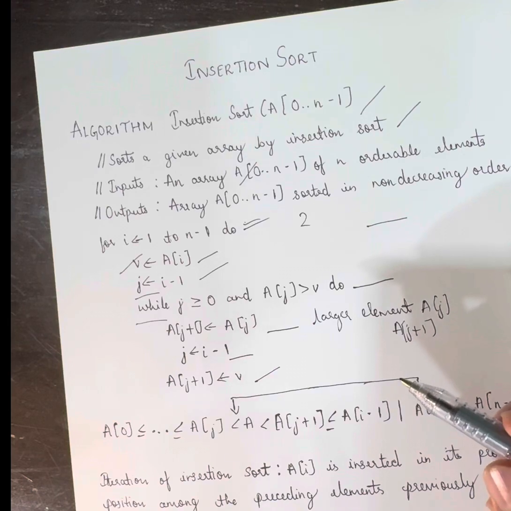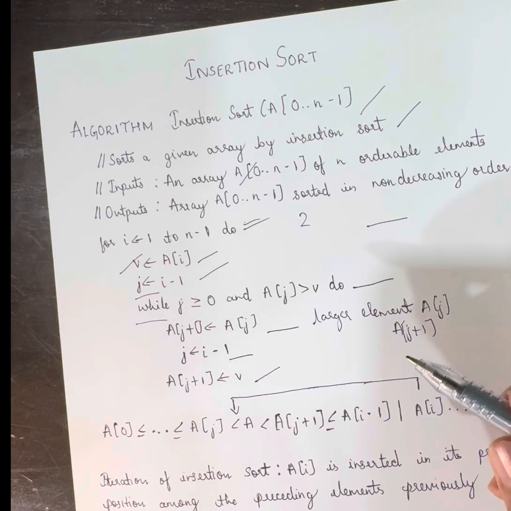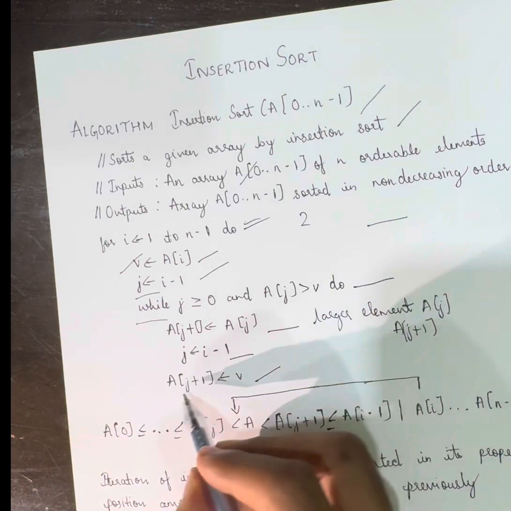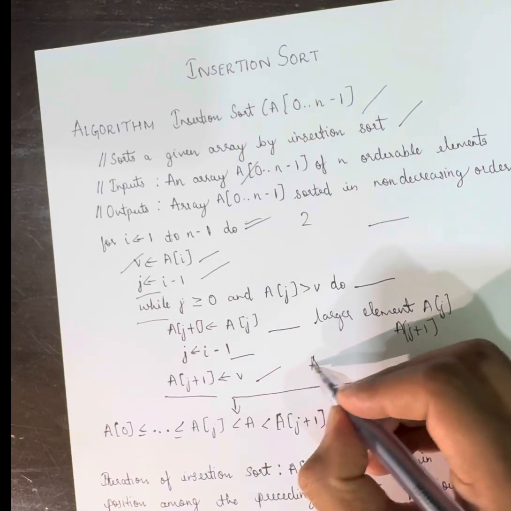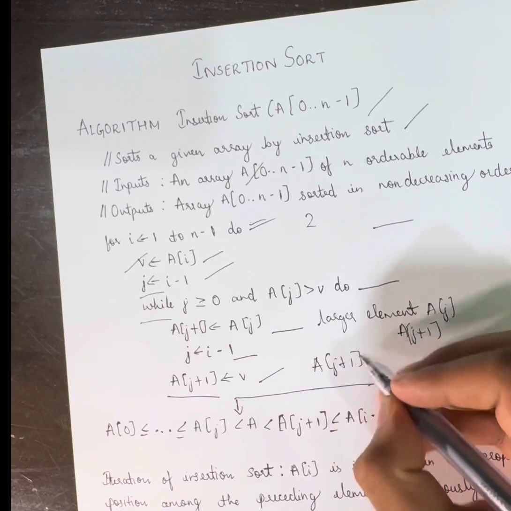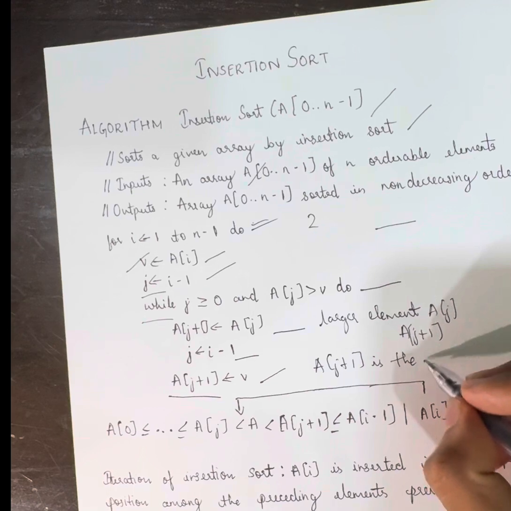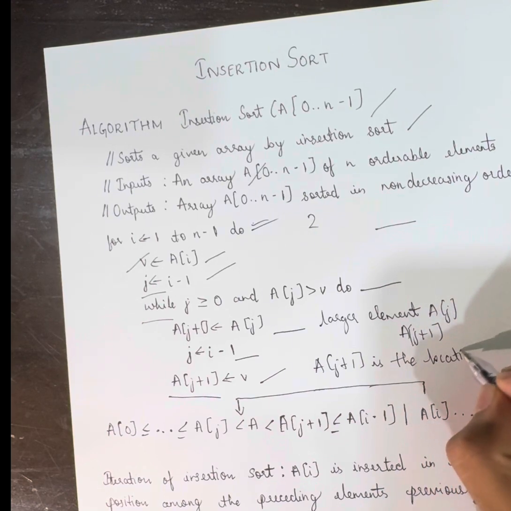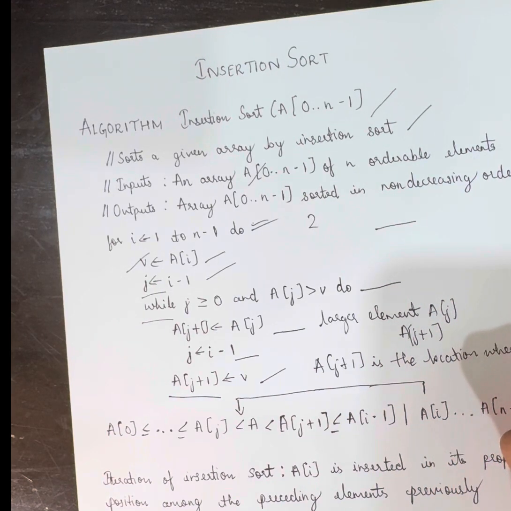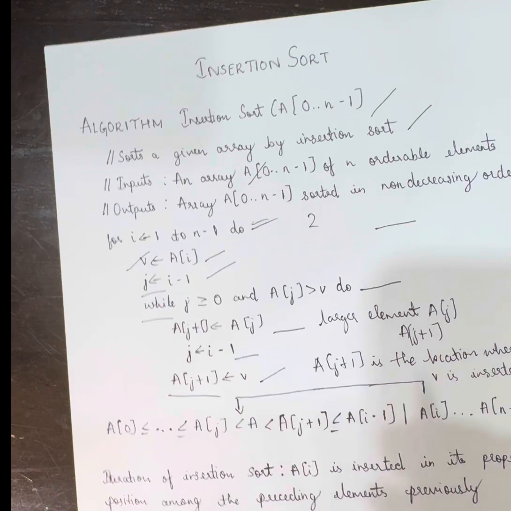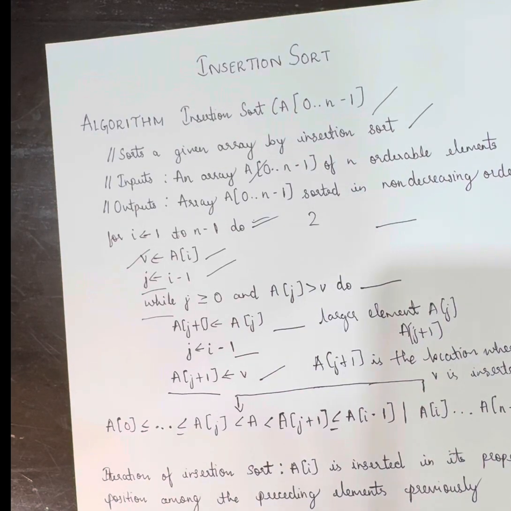Once we find the right position, we insert v at the location j + 1. A[j+1] is the location where v is inserted. This is the algorithm of insertion sort.